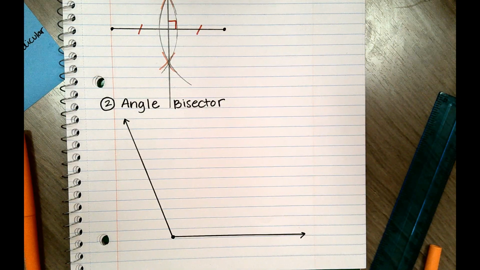So if you were here on Thursday, I know that you made a guide to help you with the angle bisector. So if any of you have that guide, can anybody tell me what the first step is? I think it was like on the back of the do now, we did it.